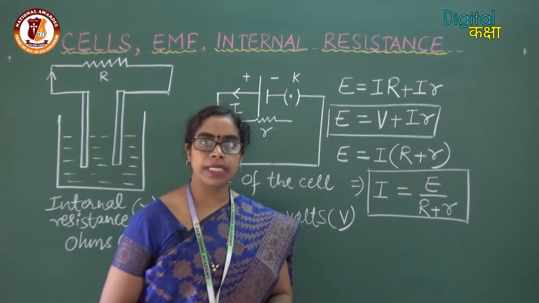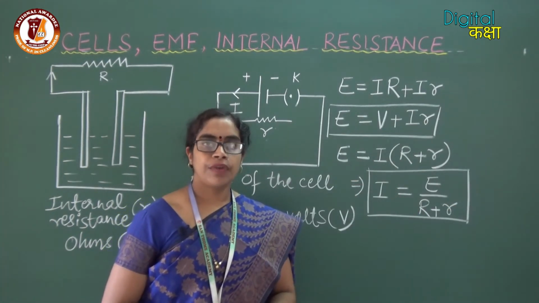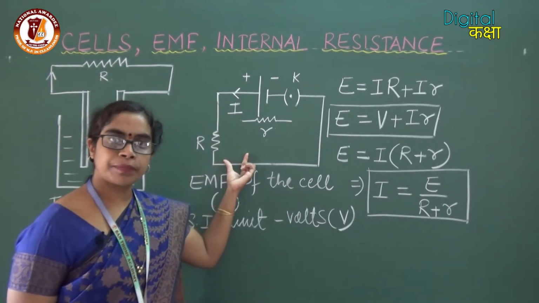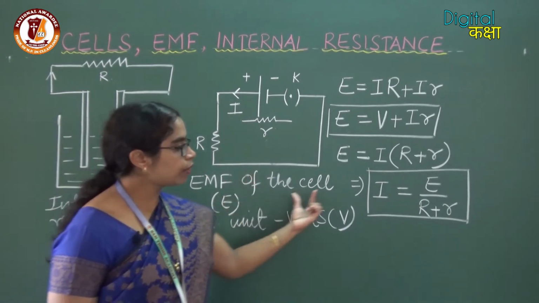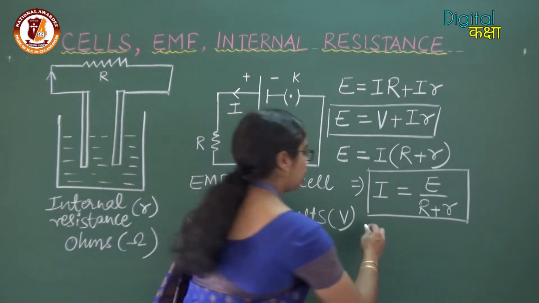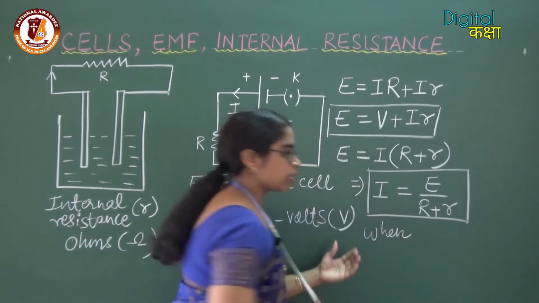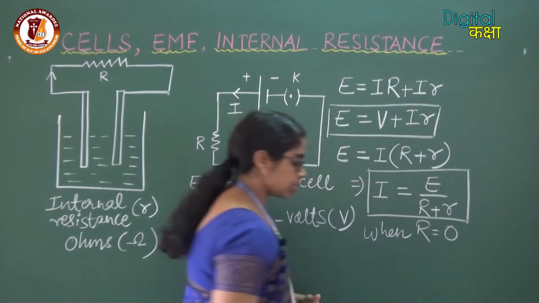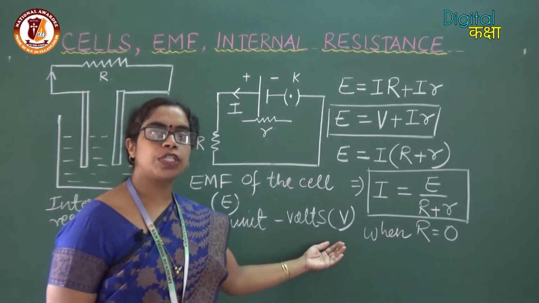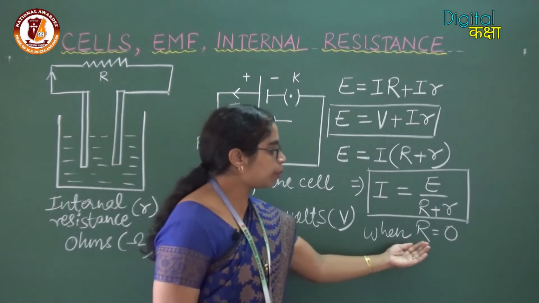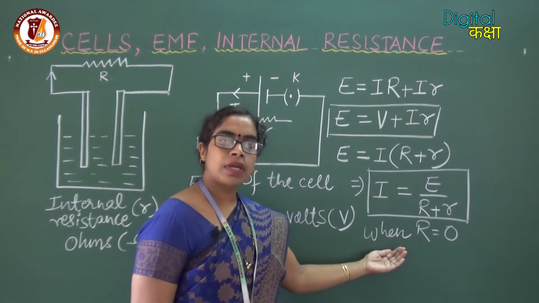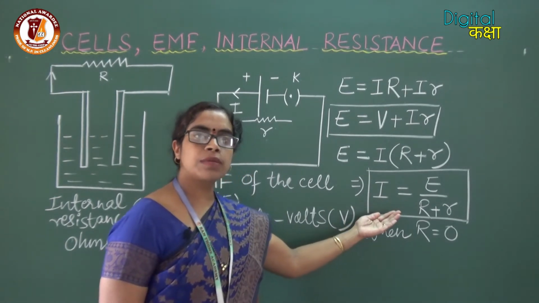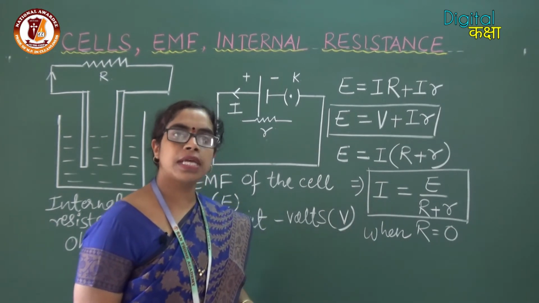Also, there is a possibility in a circuit when there is no external resistor given. In that case, what will happen in this formula? If no external resistor is connected, certainly the value of resistance capital R will be equal to 0, and that is responsible for giving the maximum current drawn from the cell.